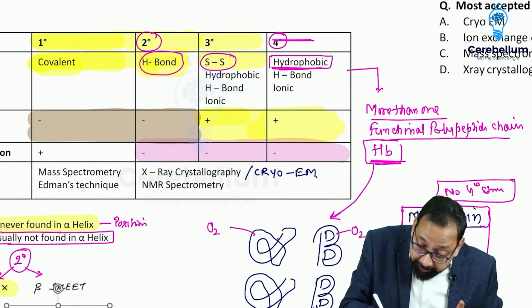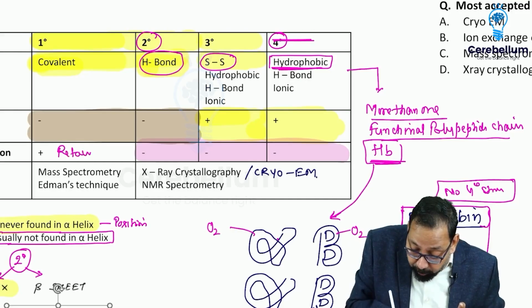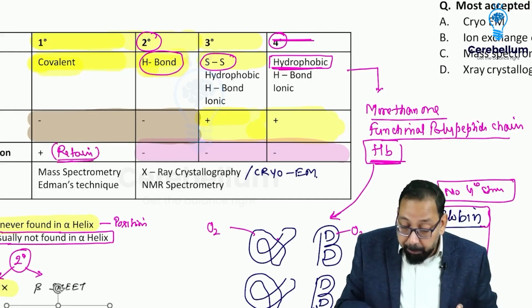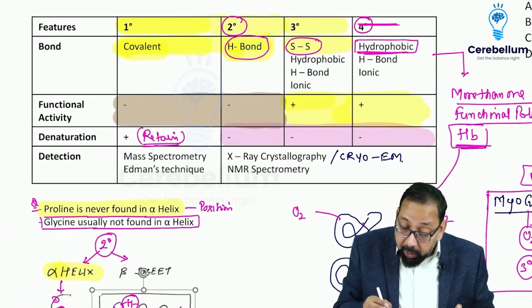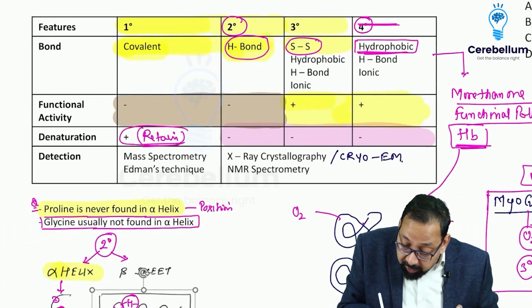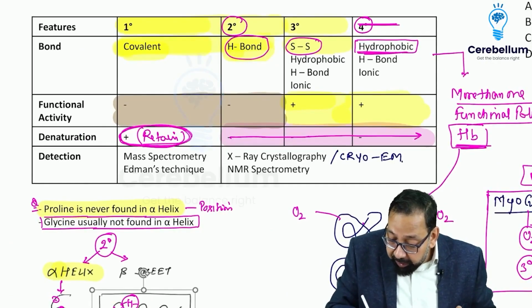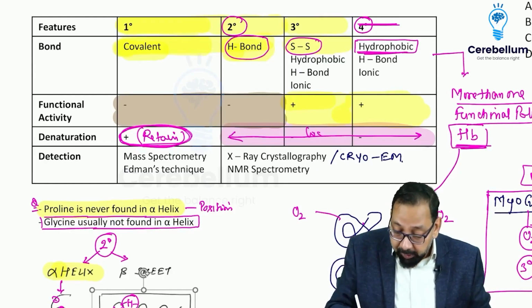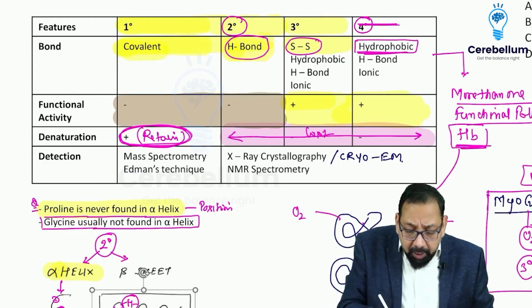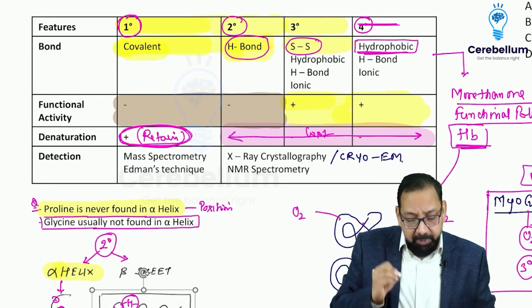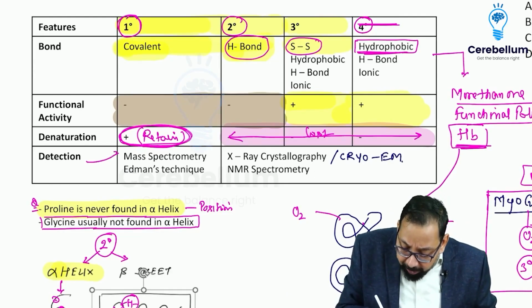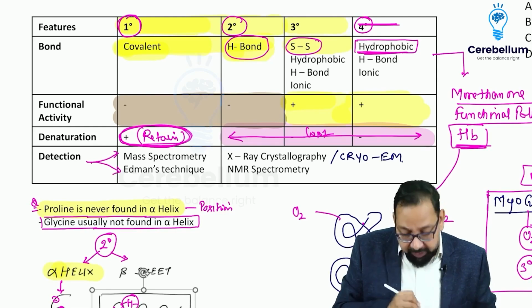So this is retained. A question is asked that on denaturation, the protein can't do function. In denaturation, only primary structure remains intact. Secondary, tertiary and quaternary structures are lost.